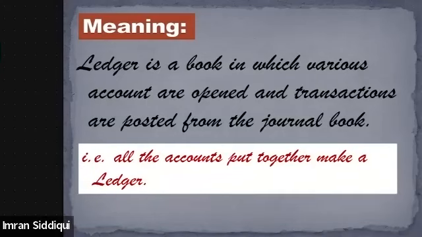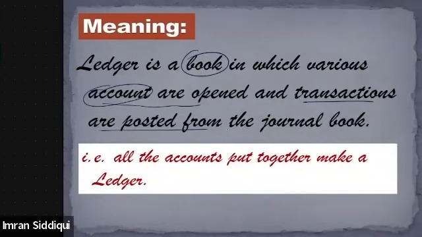So ledger is a book, just like journal. Journal was also a book, right? But in case of journal, we record all the transactions at one place in chronological order. Ledger is also a book, but here different accounts are opened depending upon the different kinds of transactions, and transactions are posted from journal to the ledger.